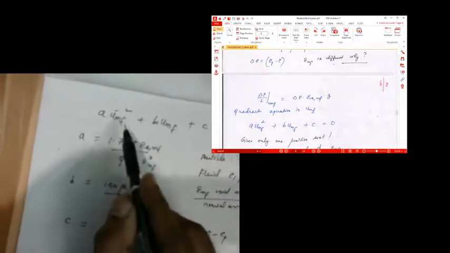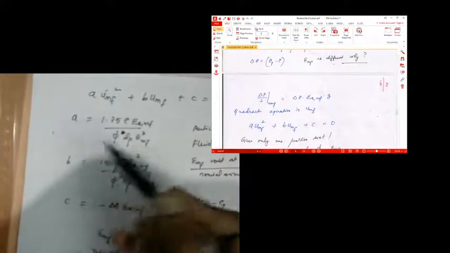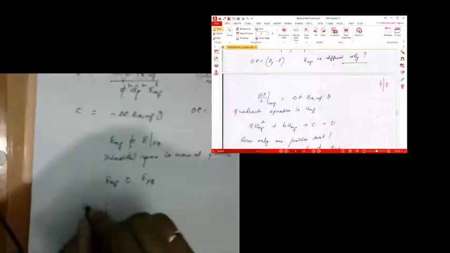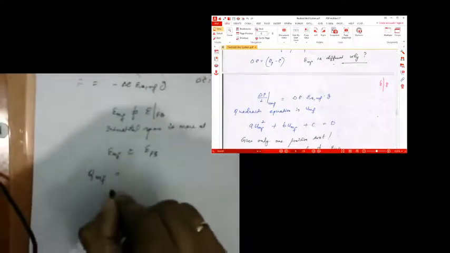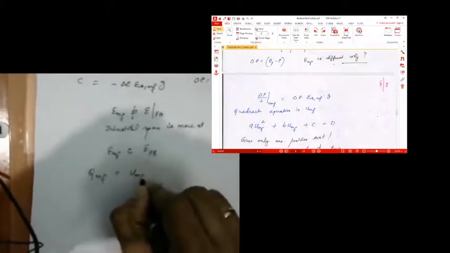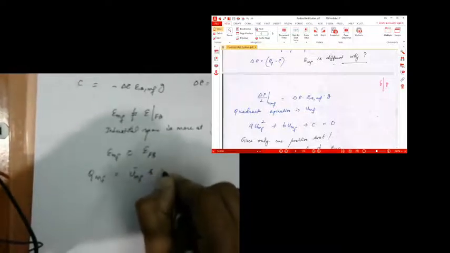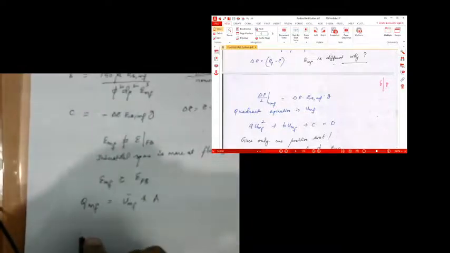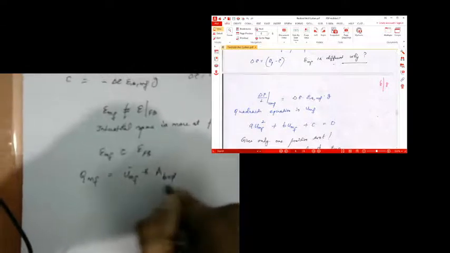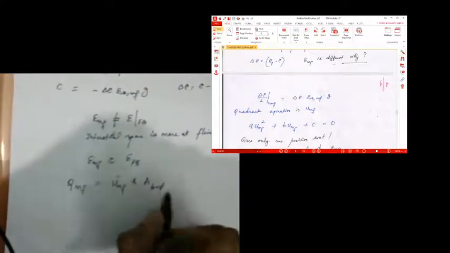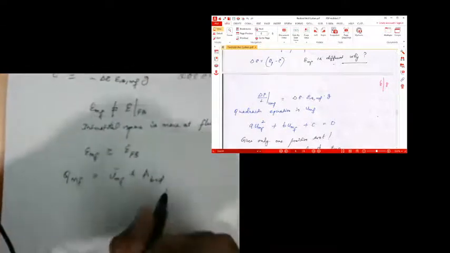So if you know all of these and you solve the quadratic equation in terms of UMF, you will get the minimum fluidization velocity, and the flow rate corresponding to minimum fluidization can be got from the minimum fluidization velocity times the area of cross section of the bed. Remember, this is the superficial velocity, so we have to calculate based on the cross sectional area of the bed and not the actual velocity.